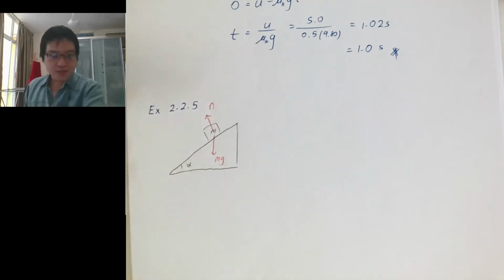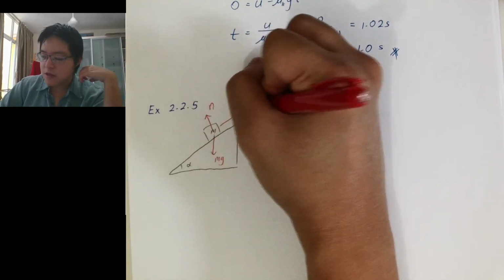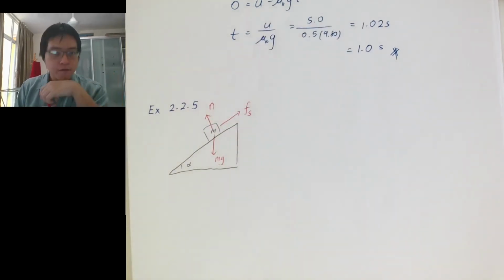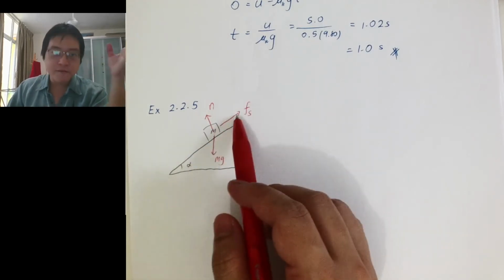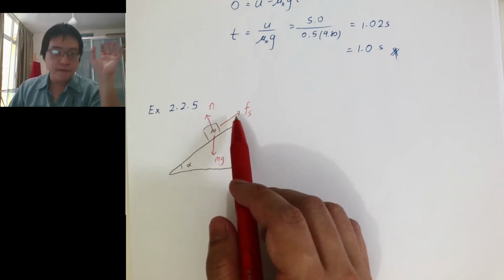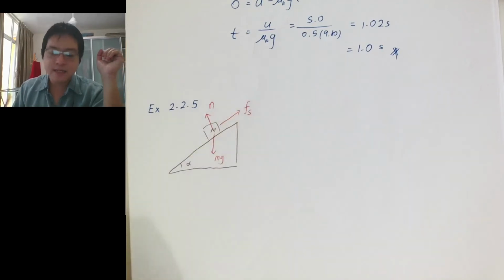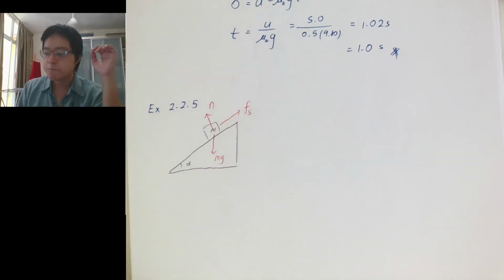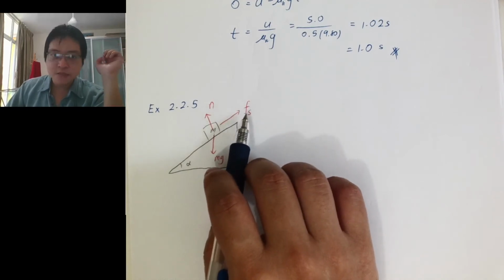It wants to fall down because gravity will pull it down, so we expect the direction of our friction to be over here. It's either this way or this way, but even if you guess wrong, normally it's still fine, because you will get a negative number in the answer, so then you know you guessed wrong. You will see more clearly when you solve questions.